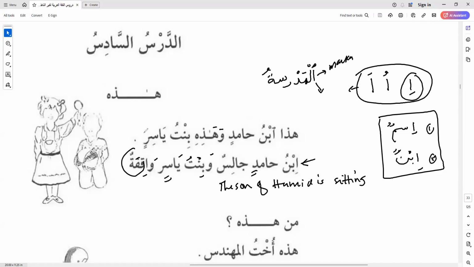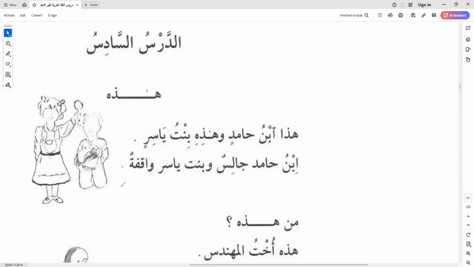Very, very important. And the daughter of Yasir is standing.